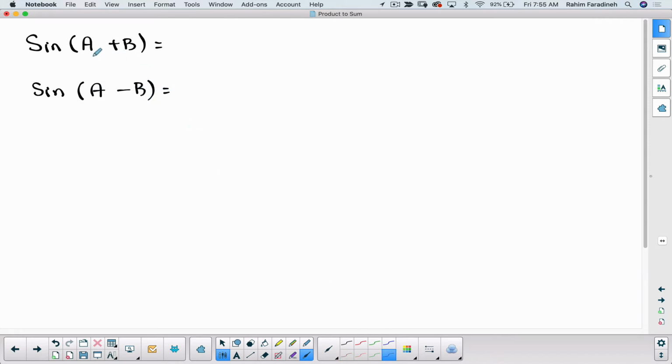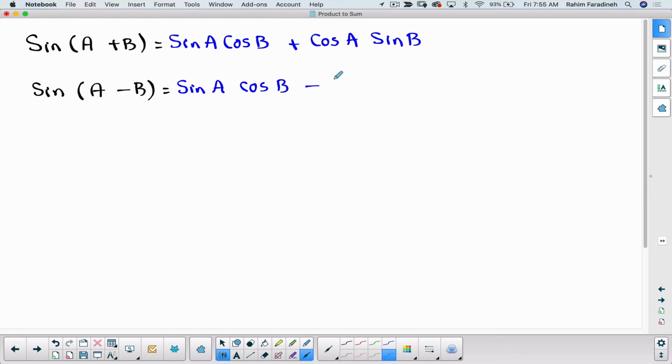The formula for sine of a plus b was sine a cosine b plus cosine a sine b. And the formula for sine of a minus b was sine a cosine b minus cosine a sine b.